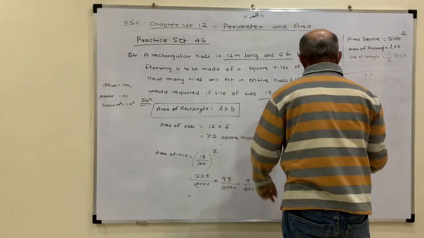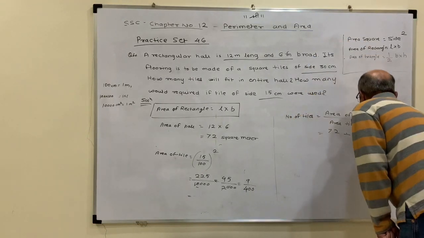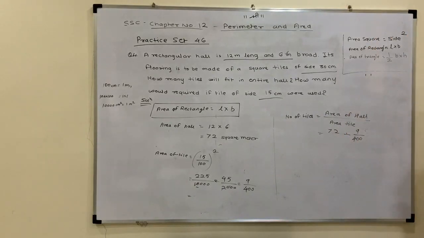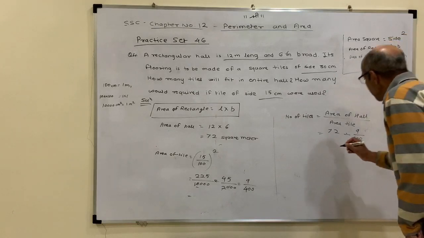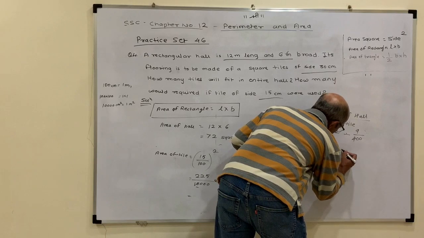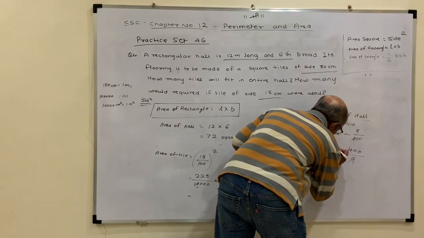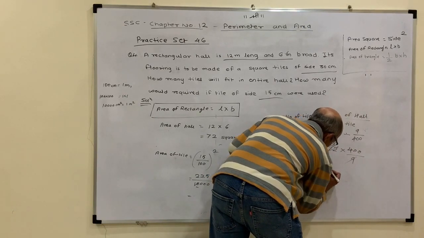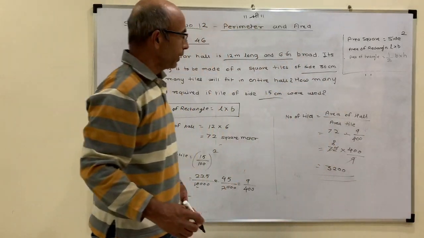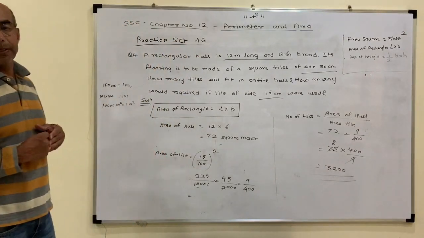The area of the hall is 72 square meter divided by 9 divided by 400, the area of the tile. Division is multiplication by the inverse, so 72 into 400 divided by 9. 9 eights are 72, 8 fours are 32. So 3200 such tiles will be required if the size of the tile is 15 centimeter.